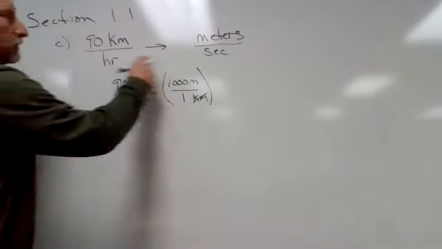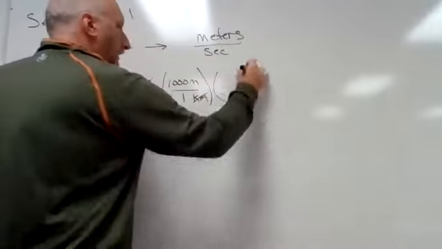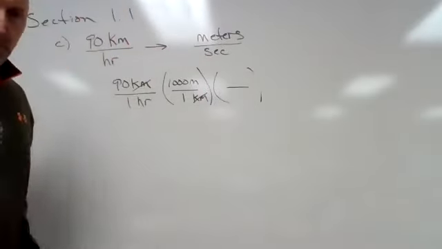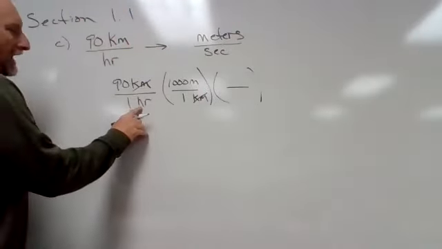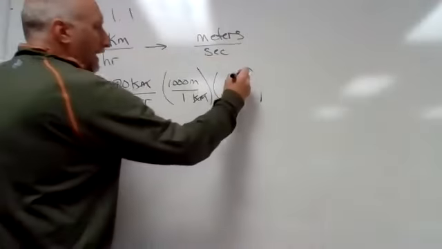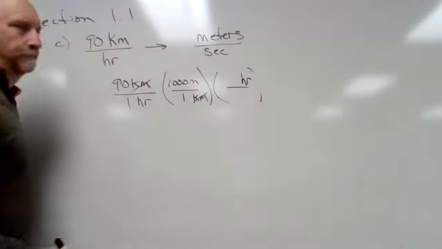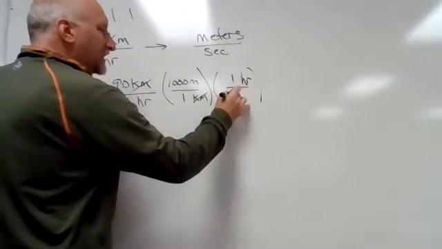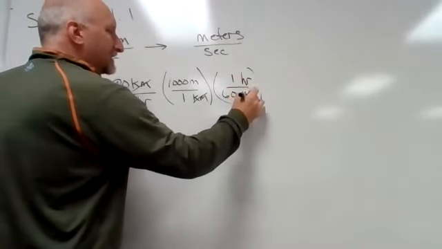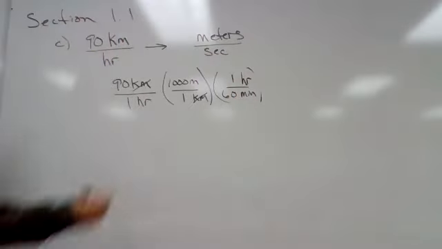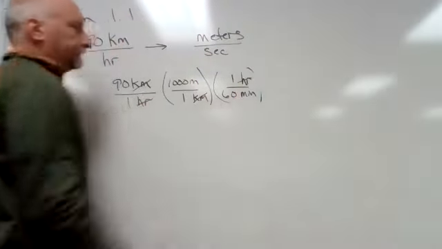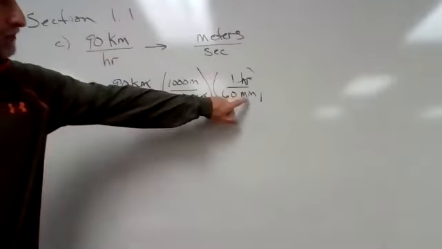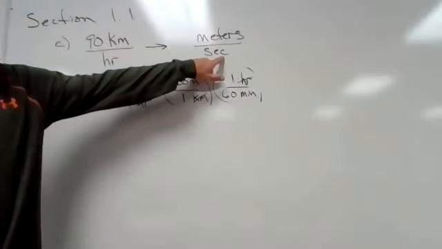Now I've got to convert hours to seconds. Make another fraction. Love fractions, don't you? Hours are on the bottom here, so hours are going to go on the top here. And in 1 hour, I know that there are 60 minutes. So the hours cancel, but I'm left with minutes, and I want seconds.